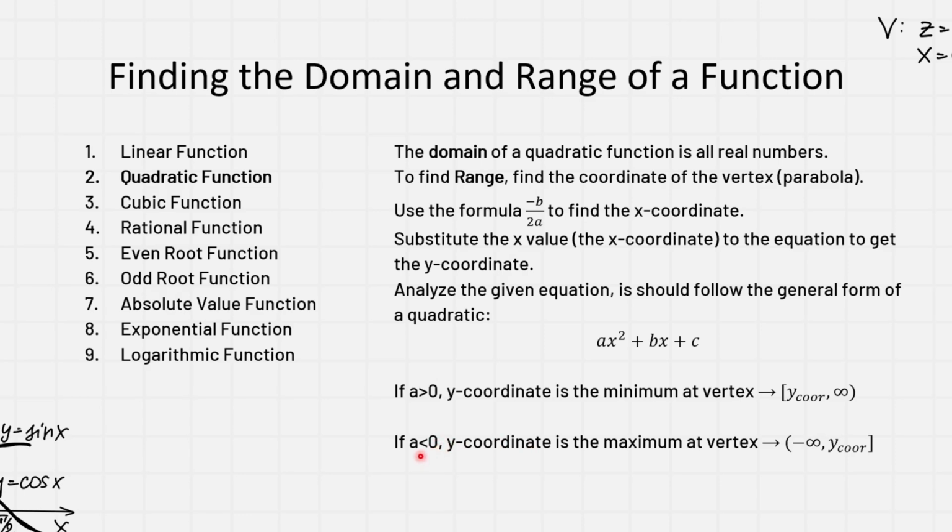If your a is less than 0, your y coordinate is the maximum at vertex, and this will be the format of your range. So you have parenthesis, negative infinity, comma, and then your y coordinate, bracket.